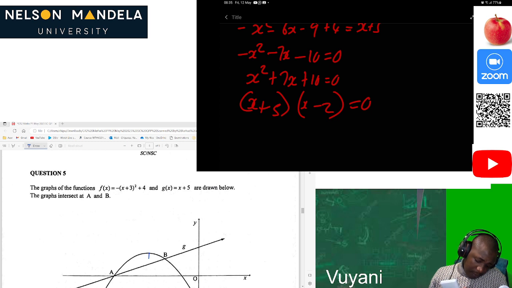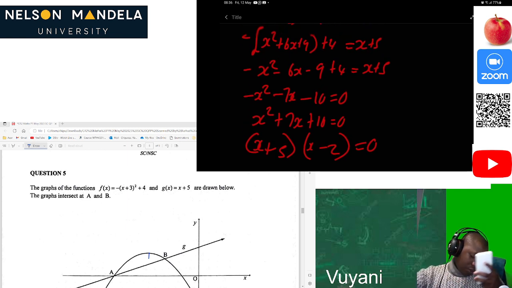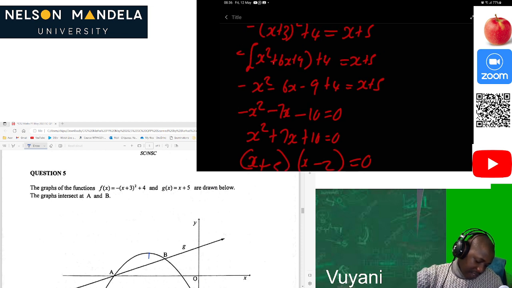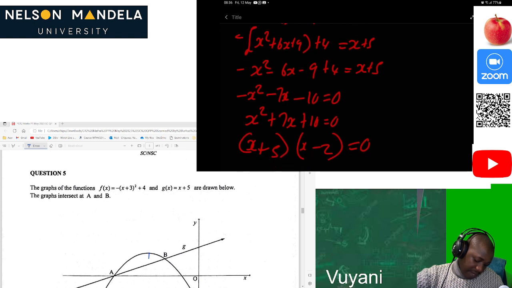It's easy to make a few mistakes, but I want to double check where we made the mistake. We said we have negative x squared minus 6x minus 9 plus 4 equal to x plus 5.